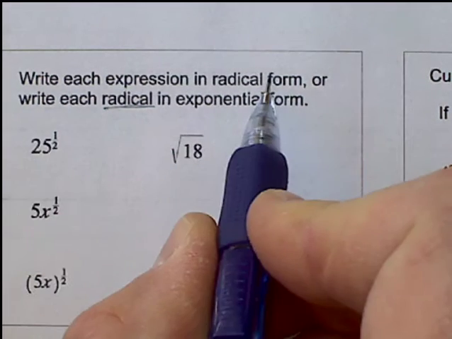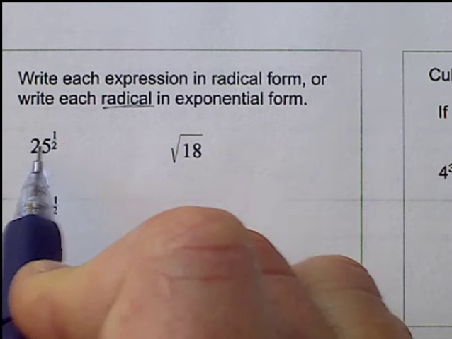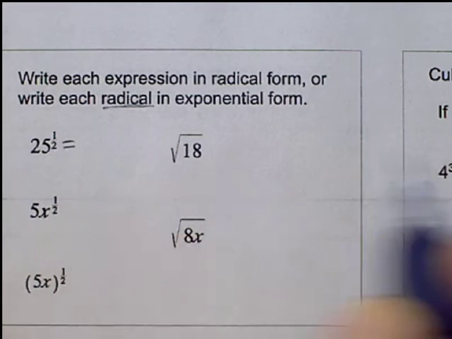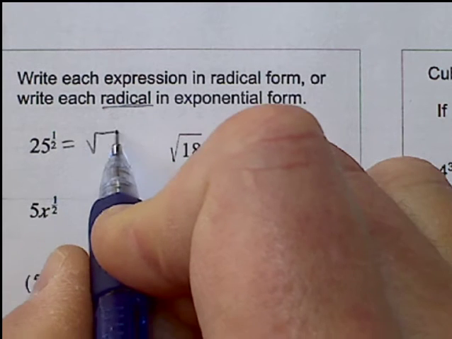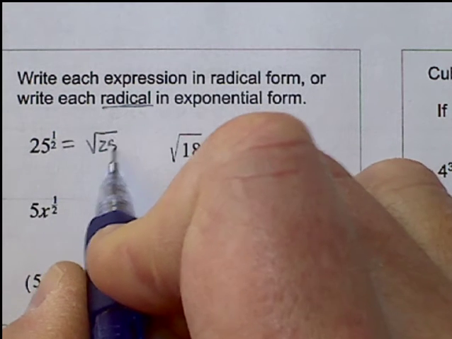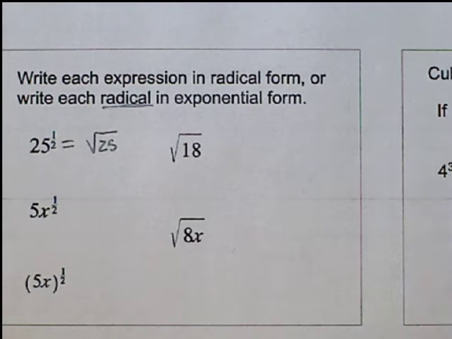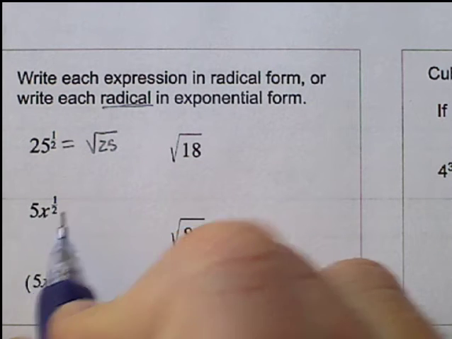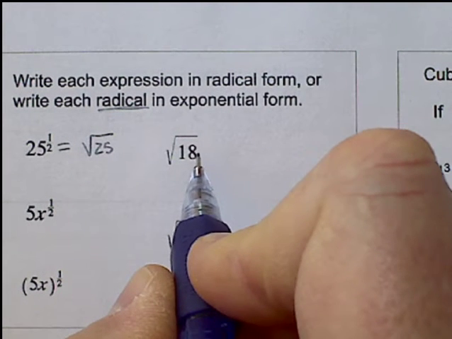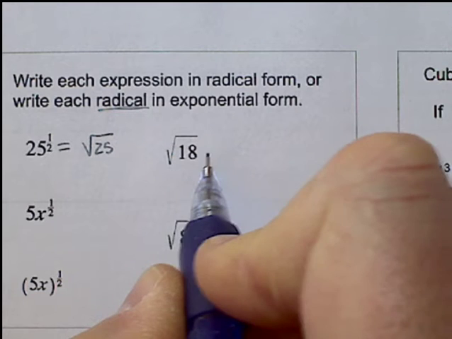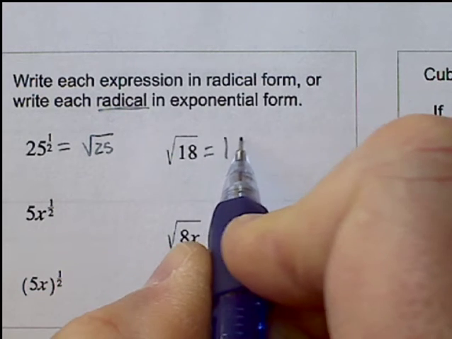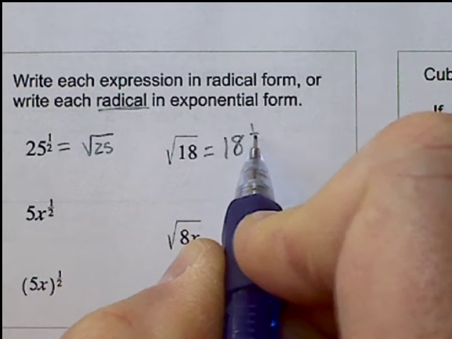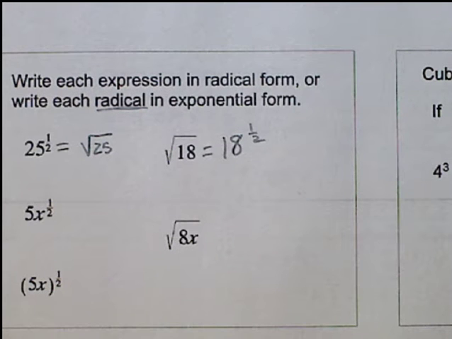So as we write each expression in radical form, 25 to the 1/2 power would be what? It'd be the square root of 25. That's all it would be, right? Okay. And if we change this to an exponential form, 18 to the 1/2 power. Okay? Does that make sense?